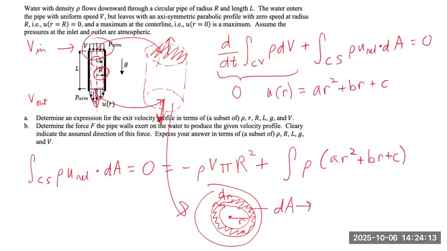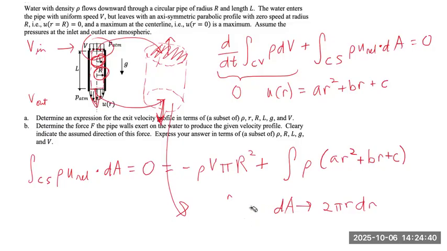This portion is r, as we see over here. So dA is going to be the circumference of this circle, which is 2 pi r, times the thickness of this strip, which is dr. Another way we can do it is to note that the area of the circle is pi r squared, and then we can differentiate both sides to get the differential element as 2 pi r dr. Both methods are valid to get the differential area.